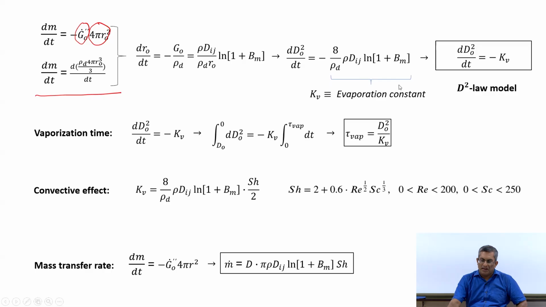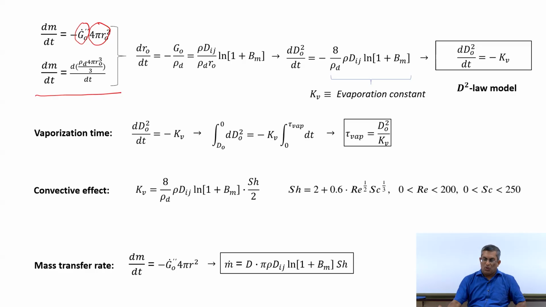So, you see, we have arrived at a very interesting and important result. What it tells us is that the rate at which the surface area of the droplet changes, d square represents surface area, that is a constant.